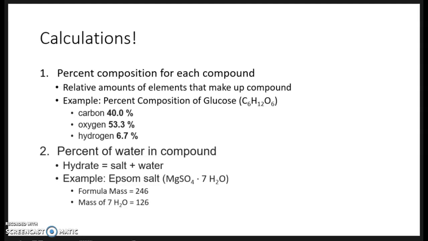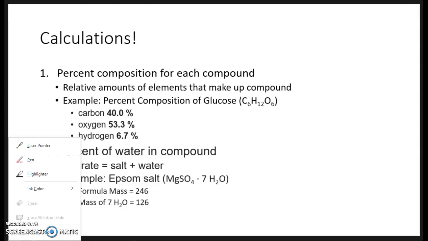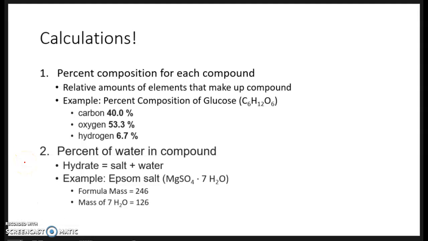So we would be doing a little calculation of 126 divided by the whole entire thing, 246, times 100. And that 126 is the mass of 7 water molecules, and I know that there are 7 water molecules because of the formula.